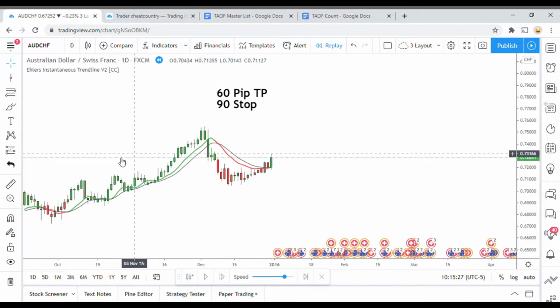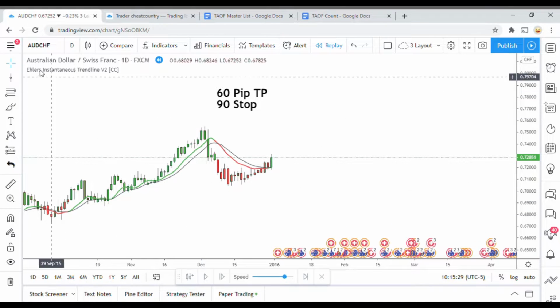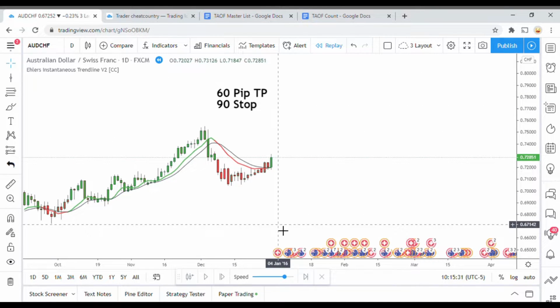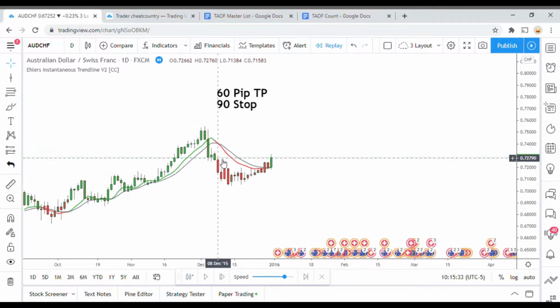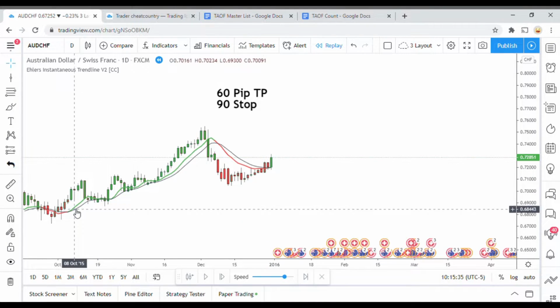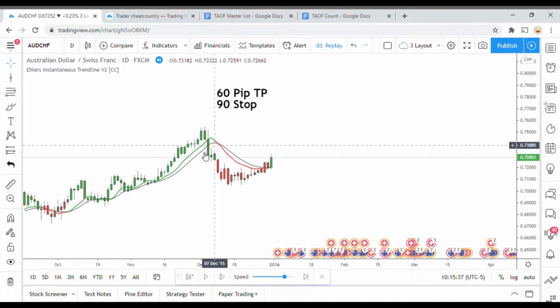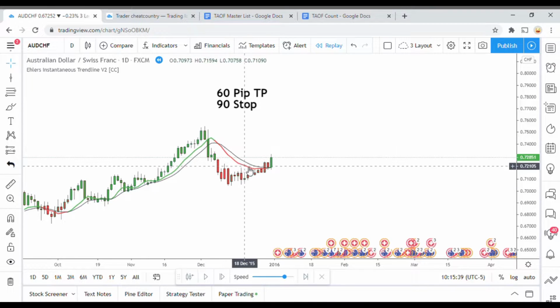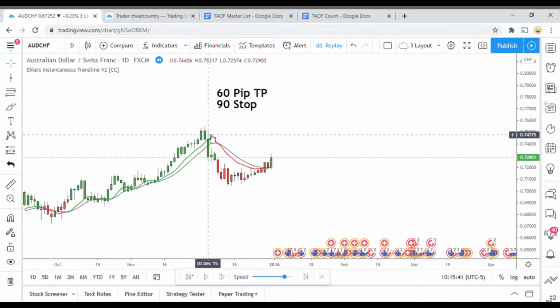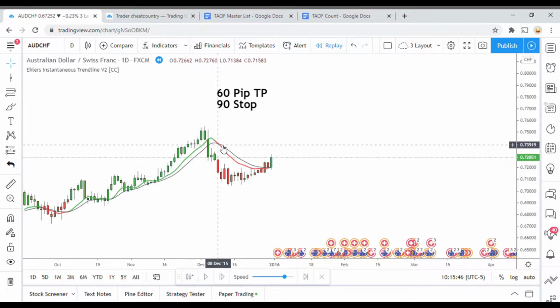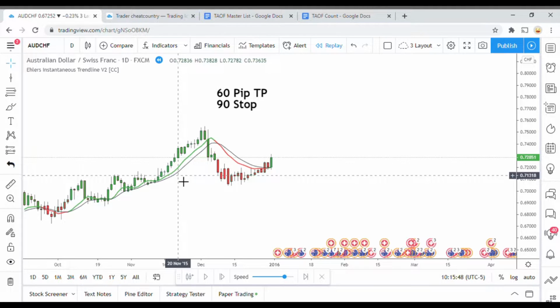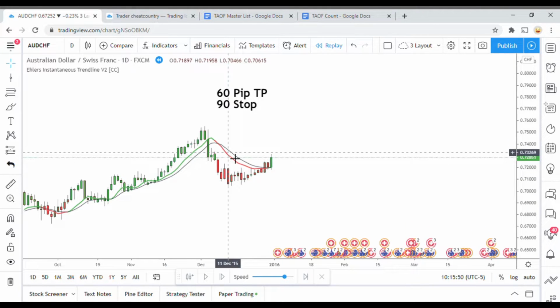All right, so today's indicator again is the Ehlers Instantaneous Trendline. Once again, you can see it here on screen. It's a pretty simple setup. We have two lines. We have the main oscillating line, which turns red and green. Then we have the signal line.